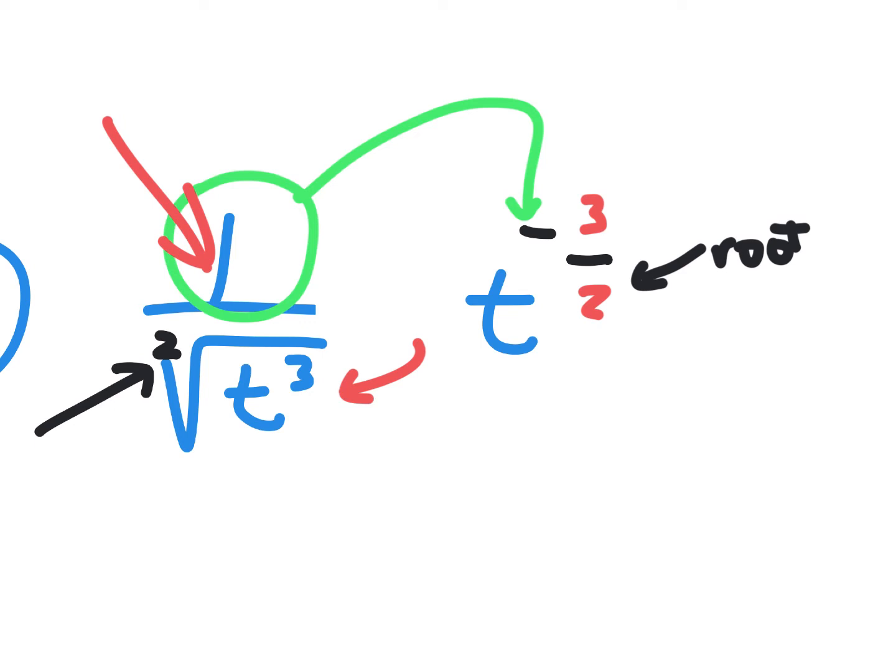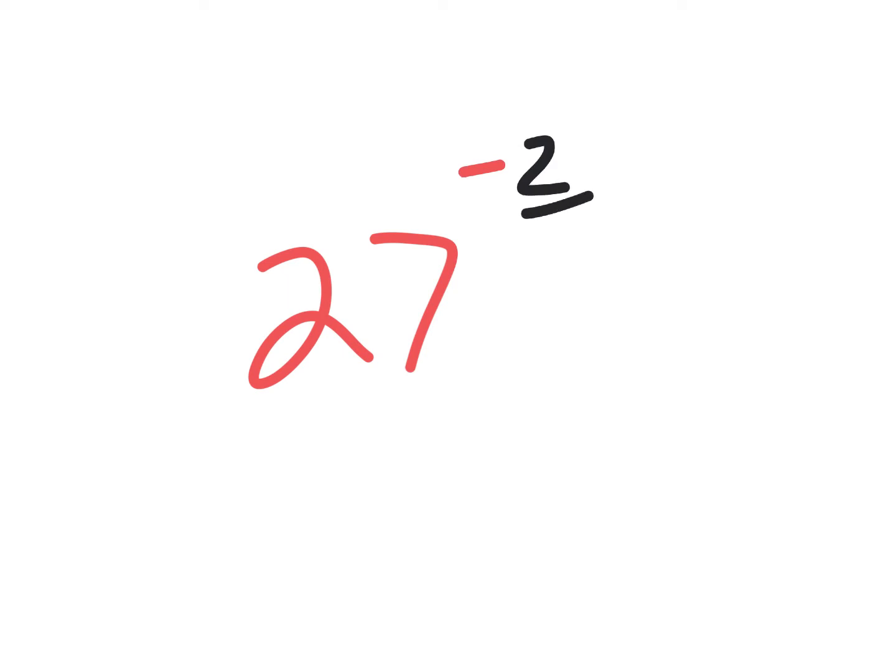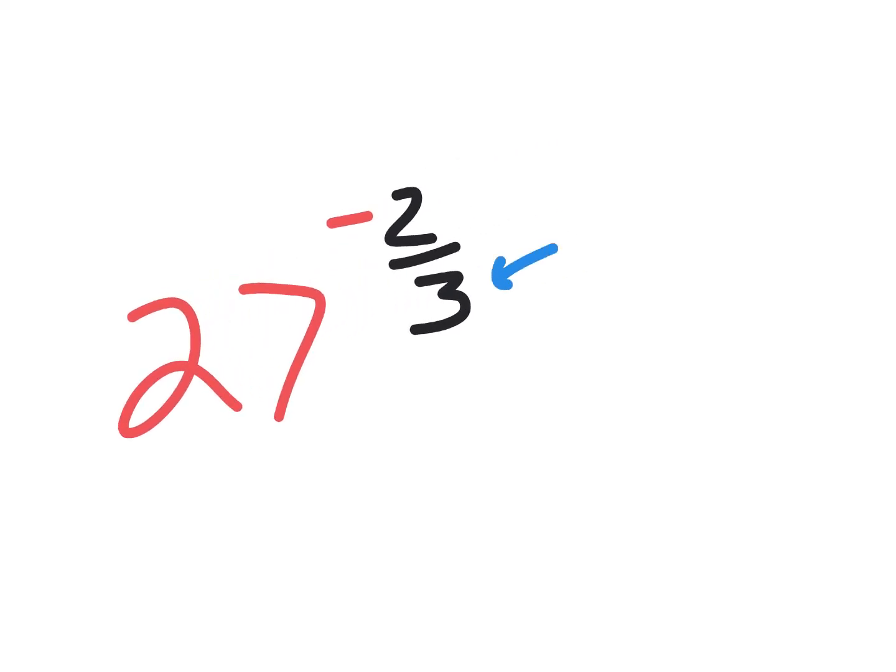All right, so let me give you one last one to see if you really get this. What if I put 27 to the negative 2/3? What does that mean? We just talked about it. A negative power makes it what? 1 over, yeah. And then I'm going to say 2/3. Okay, who can tell me what the 3 is? Root.